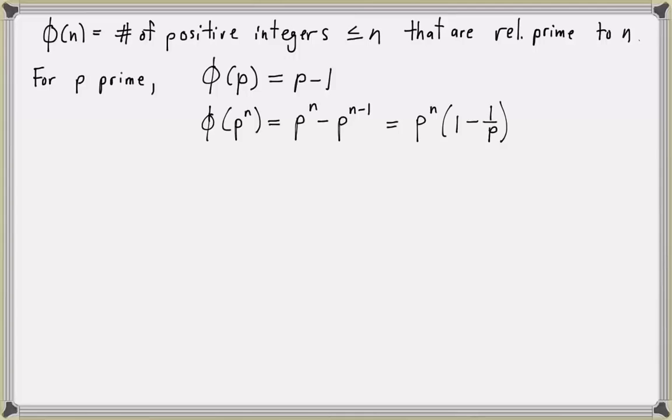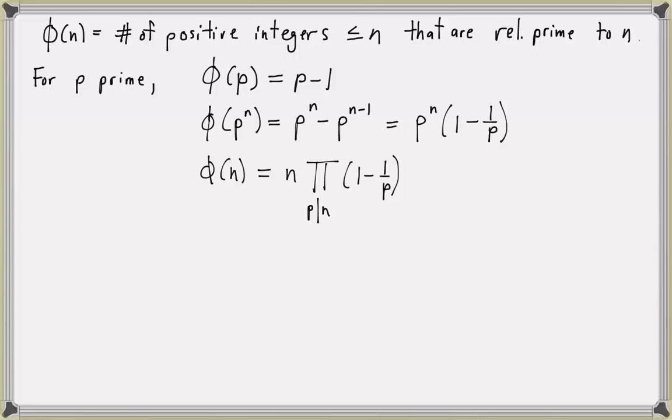Since we have shown that phi is multiplicative, you can completely determine the values of the phi function if you have the prime factorization of an integer n. So phi of any integer n will equal n times the product of factors 1 minus 1 over p, where the product is taken over all primes p dividing n. So for any p dividing n, multiply by 1 minus 1 over p.